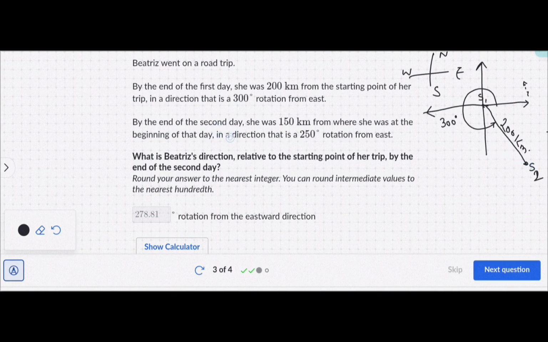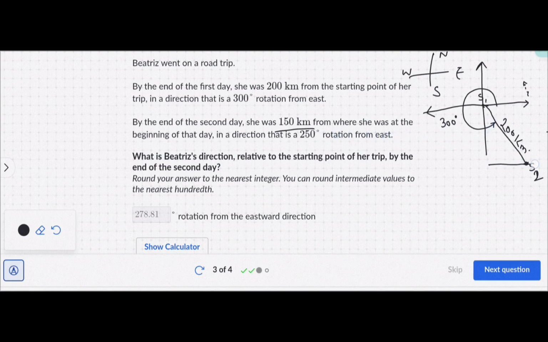Again she started from S2, and at the end of the second day she was 150 km from where she was at the beginning of that day. So in the second day she started from S2, 150 km from the starting point, I mean S2, at a 250 degree rotation from east.